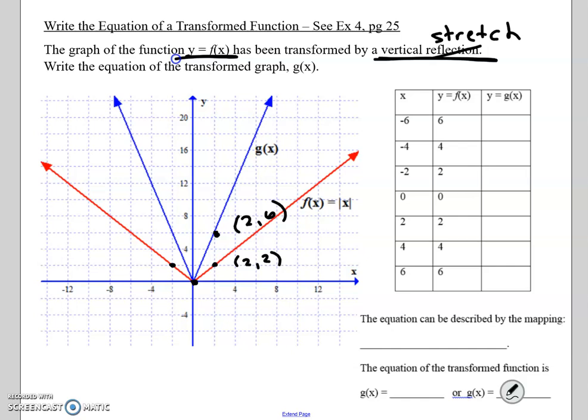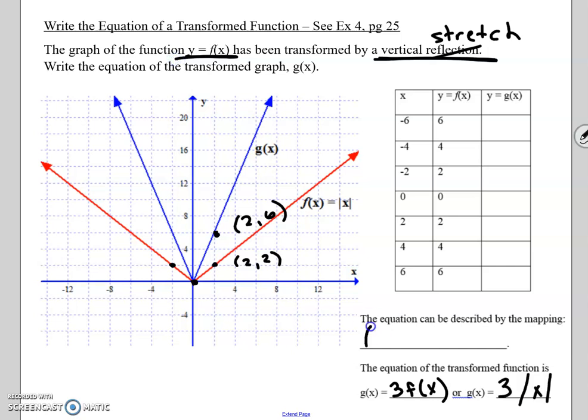So what did I multiply my y value by to get it to go from 2 up to 6? What did I multiply by? 3, right. So that means that the a value is 3. So the equation that would be described is g of x equals 3 times f of x.